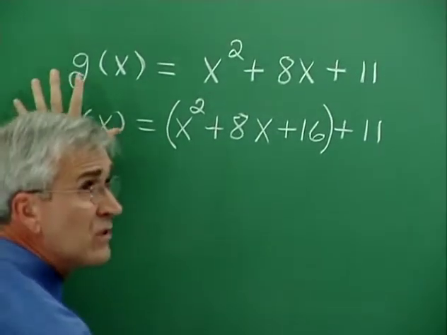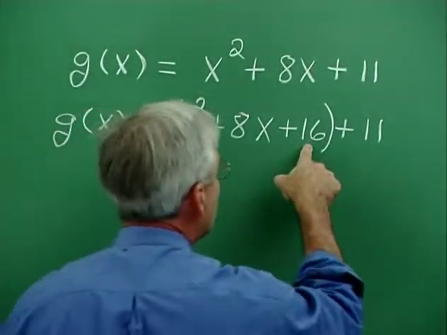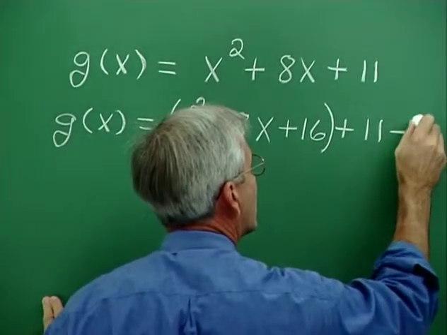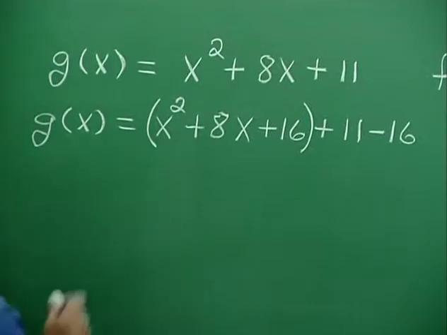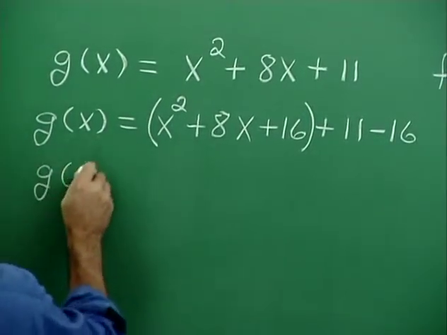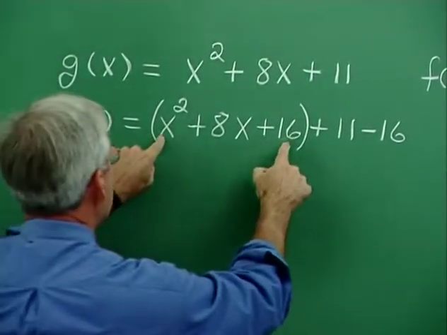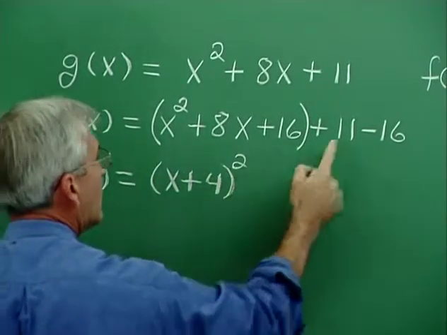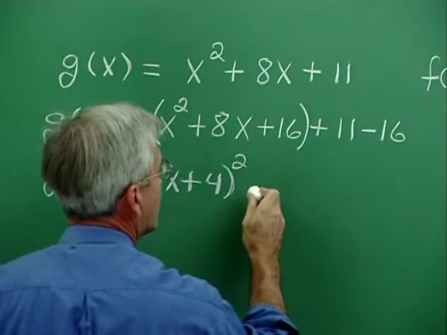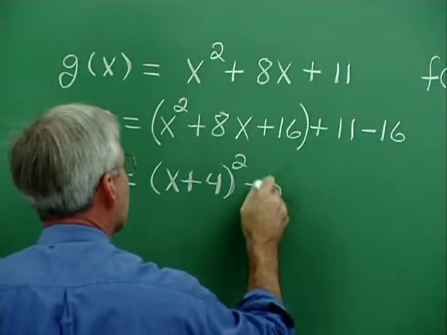We don't want any other business over here. So when we add 16 here, we have to subtract 16 on the same side of the equation to accommodate that. All right, now we can rewrite. Factoring here, we get x plus 4 squared, and then collecting out here, 11 minus 16 is minus 5.